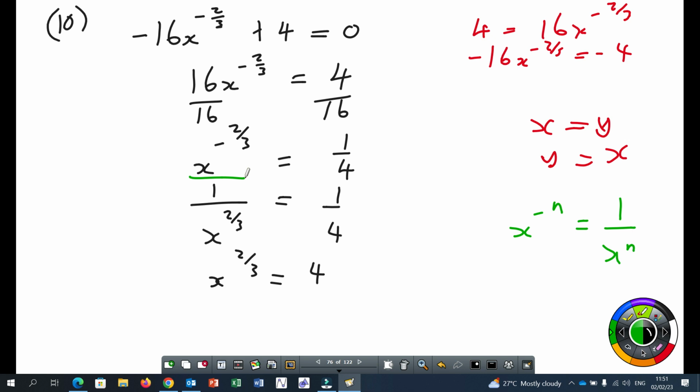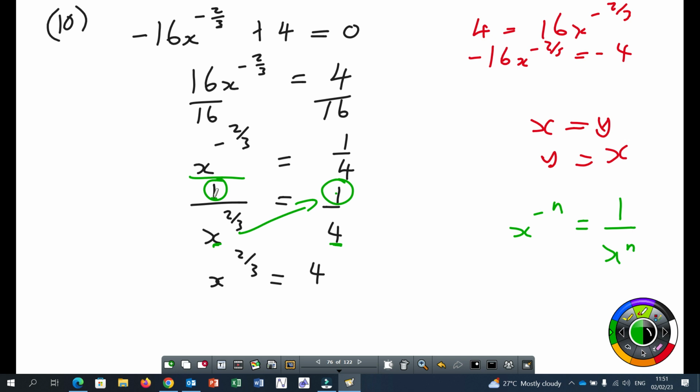Look here. The numerator is the same. If I want to cross multiply, this denominator multiplies the 1, and this 4 multiplies the 1. So in the end, you come to x to the power of 2 over 3 equal to 4.